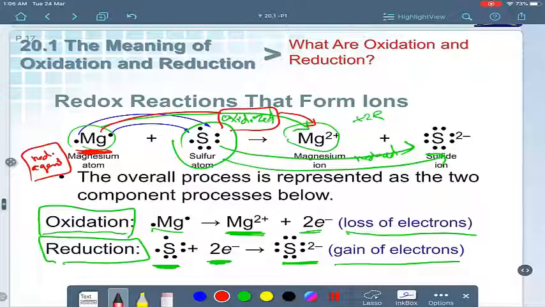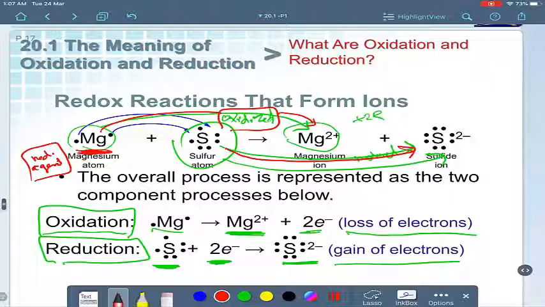What about sulfur? What happened to sulfur? Reduced. Yes, it reduced. The process is reduction. But being reduced, it is the cause of oxidation of the other substance.